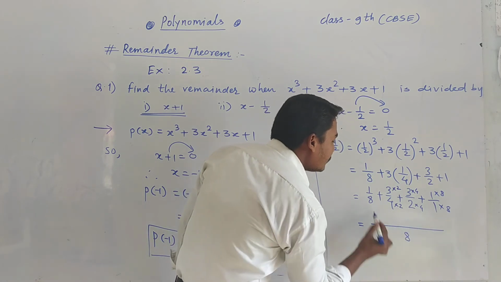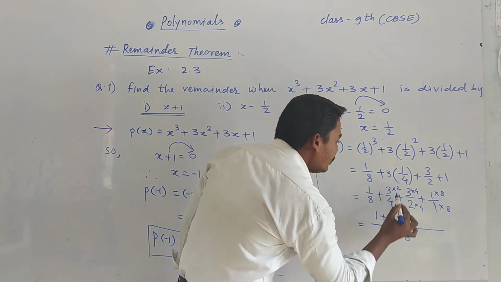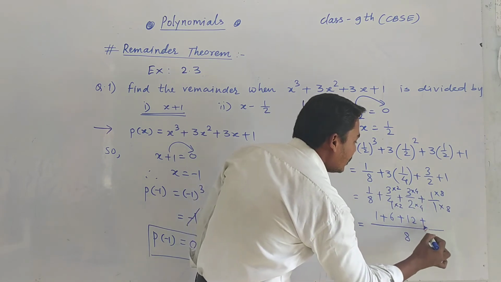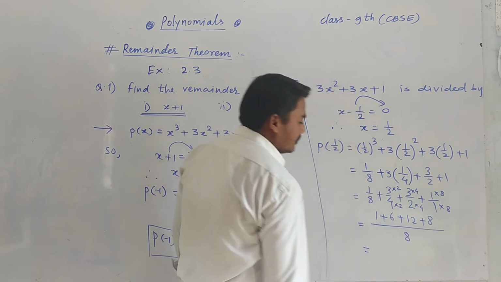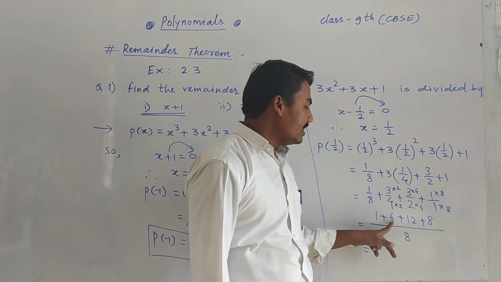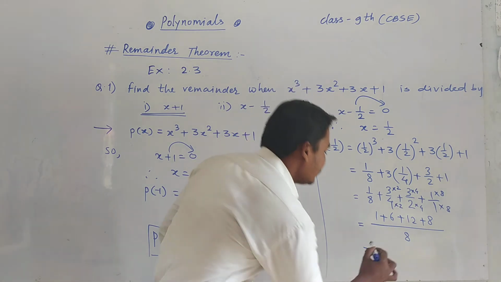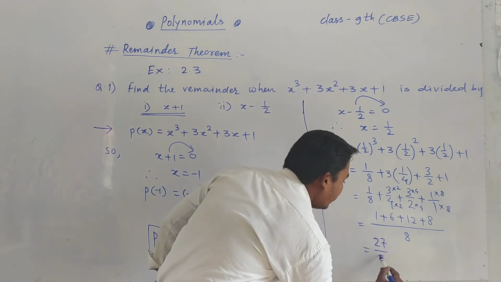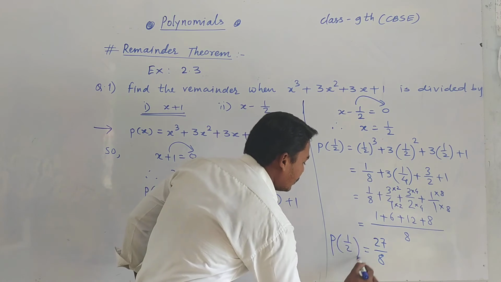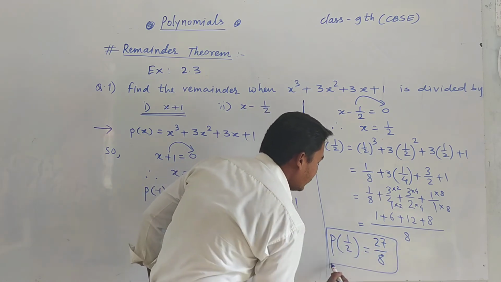So 1, plus 3 twos are 6, plus 3 fours are 12, plus 8. 12 plus 8 is 20, 20 plus 6 is 26, plus 1 is 27, so 27 by 8. So P of 1 by 2 becomes 27 by 8.